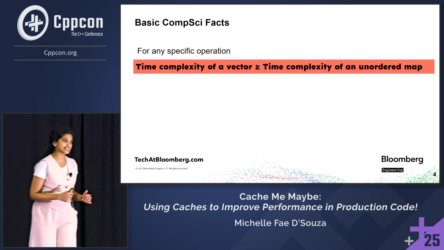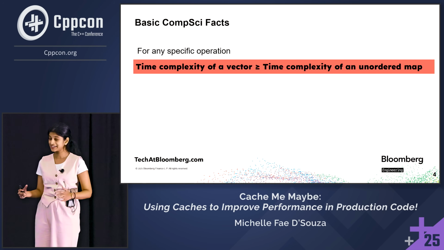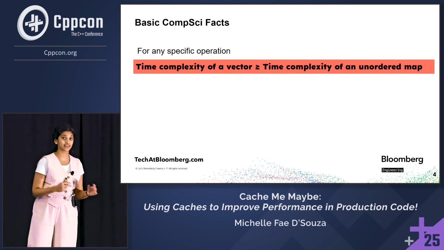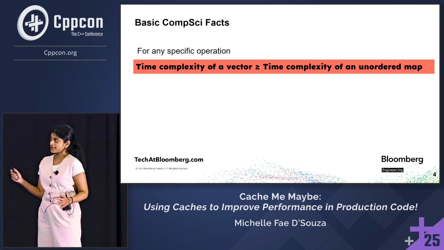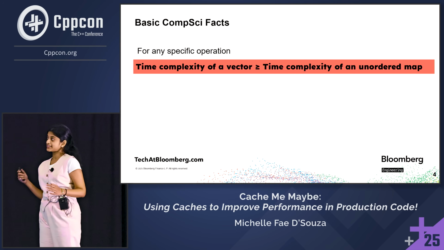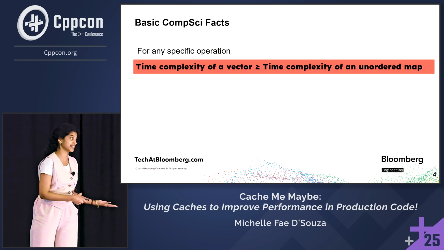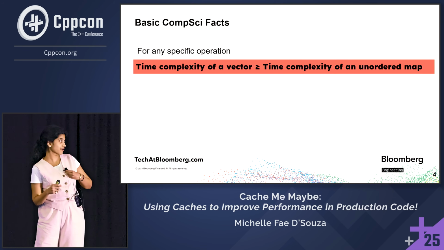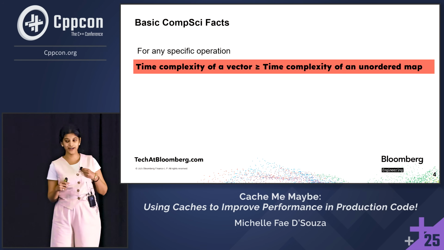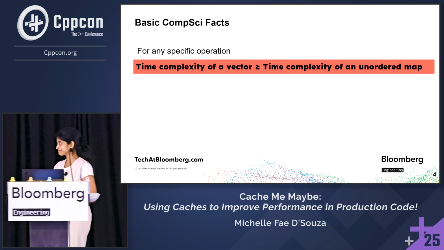And this went against a very basic computer science fact that we all know and love, which is, for any specific operation, the big O time complexity of a vector is always going to be greater than or equal to the big O time complexity of an unordered map.